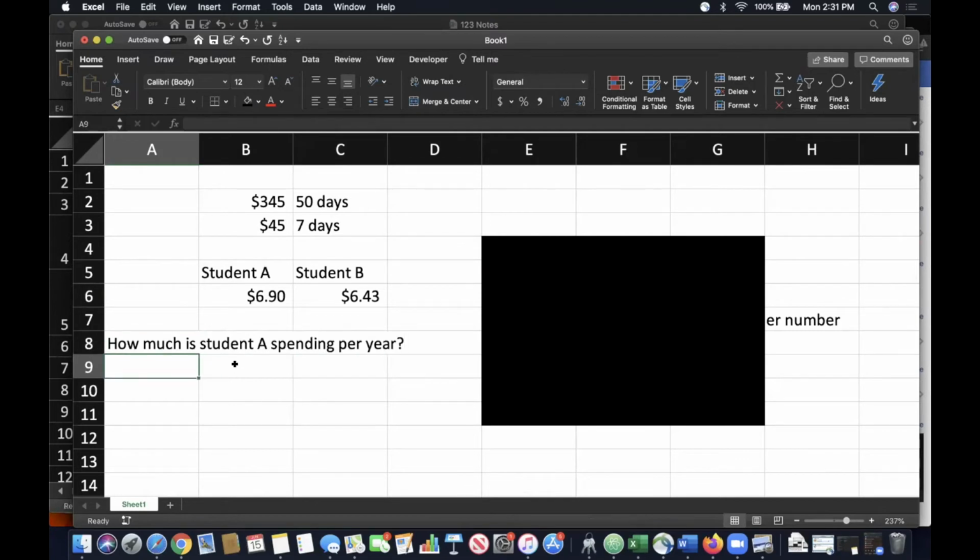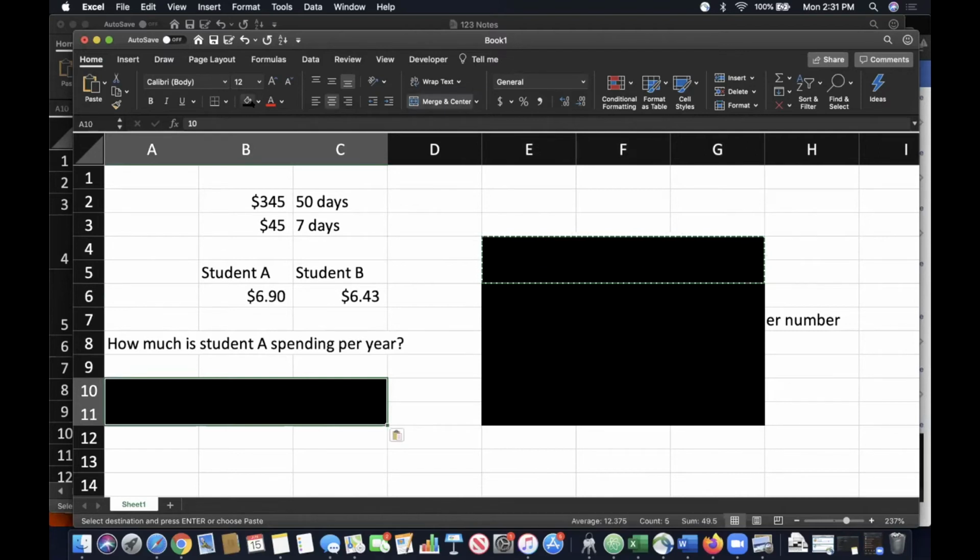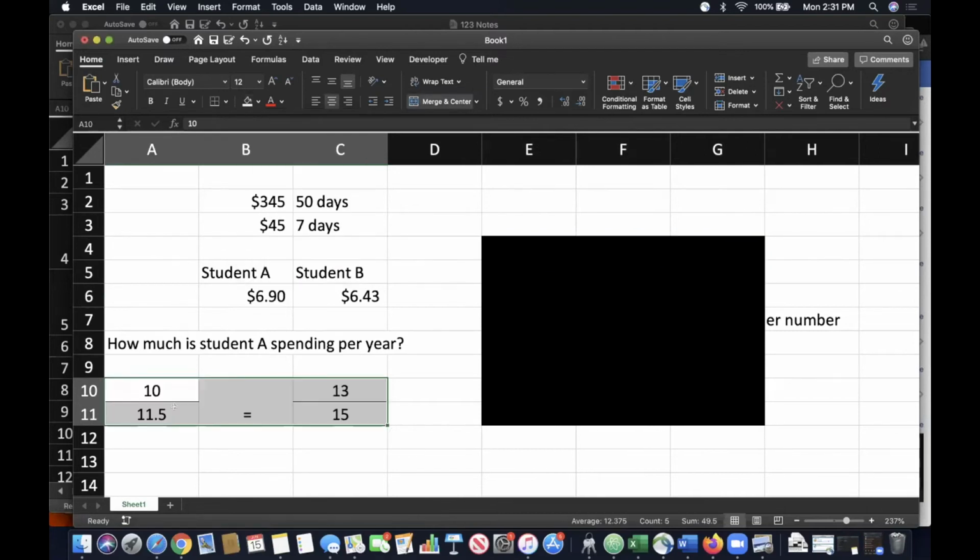There are actually multiple ways to do it, and we don't have to use this proportional setup, given that we've already done this 690 calculation. But we could do it using the 345 and the 50, and I'll just use the setup I had over here, and show you what that would look like.